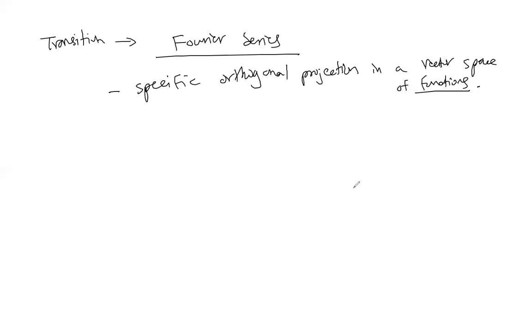Right, so let's just recall the definition of orthogonal projection. Let's say we have a subspace W and a vector V. So W is a subspace of some vector space, in this case R^n, and V is a vector. What is the definition of orthogonal projection?